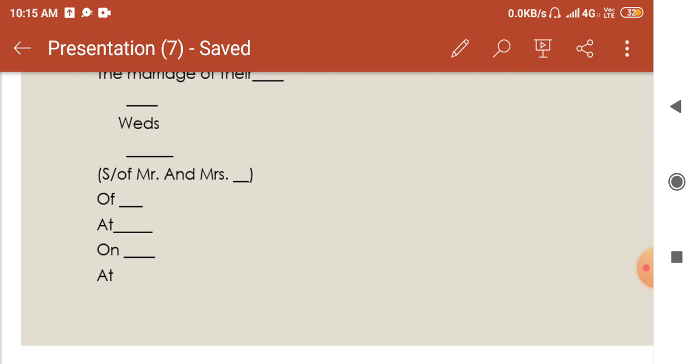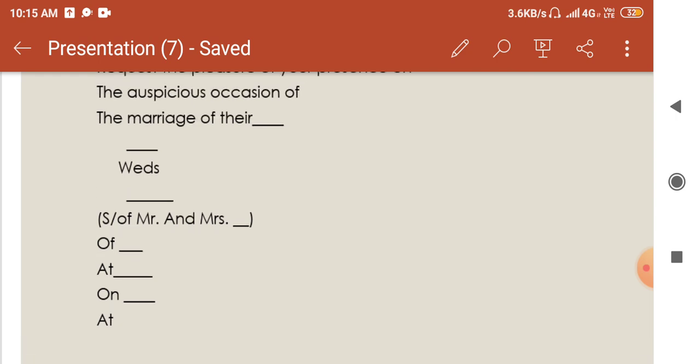Like, I'm supposing a general name, Sonam. So the marriage of the daughter, Sonam weds Mukesh, son of Mr. and Mrs. R.K. Soni, or whatever name is there, you can write it. Of, you will write the address of that person, in this case the person Sonam is getting married to.